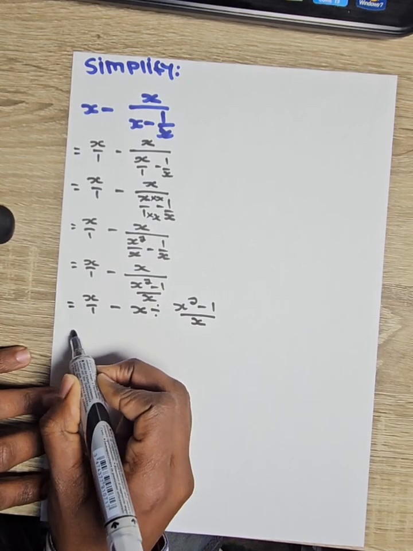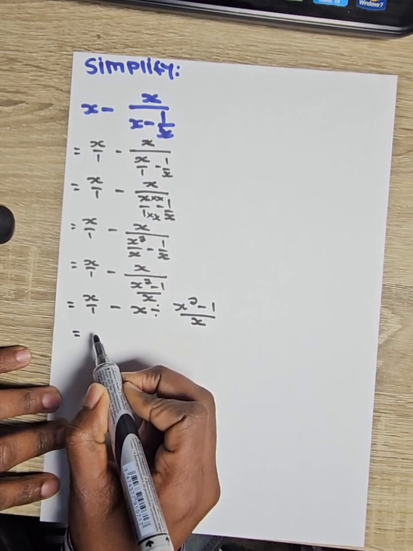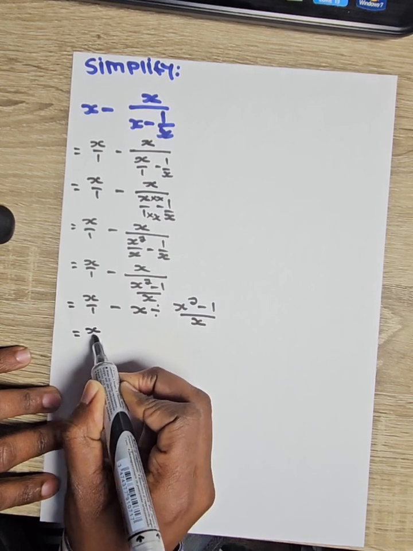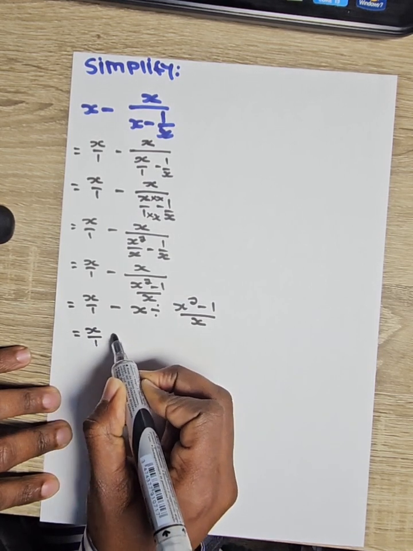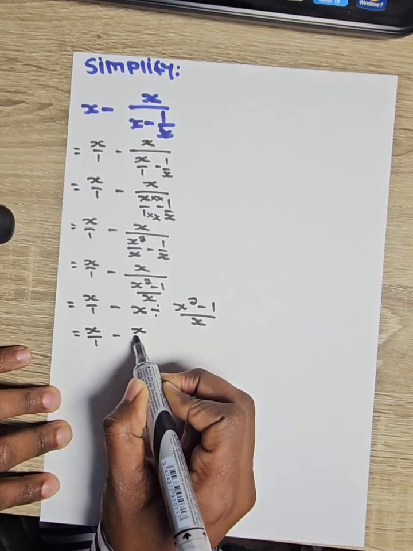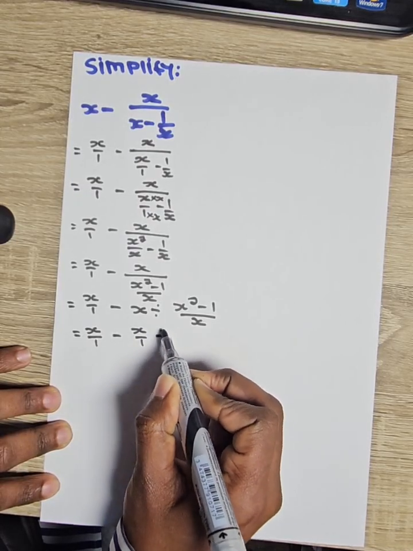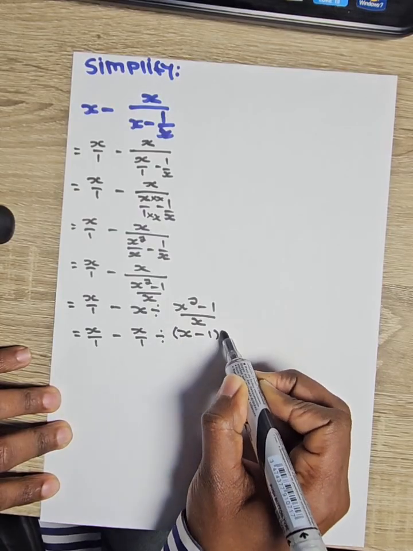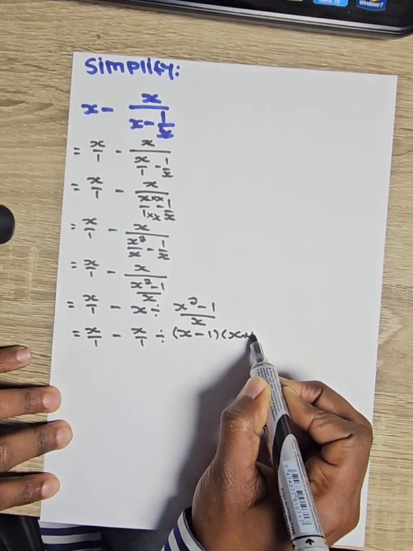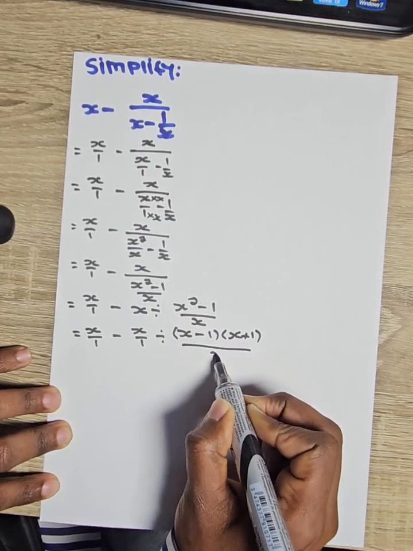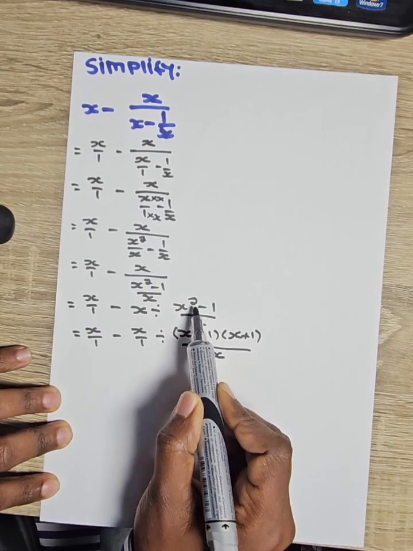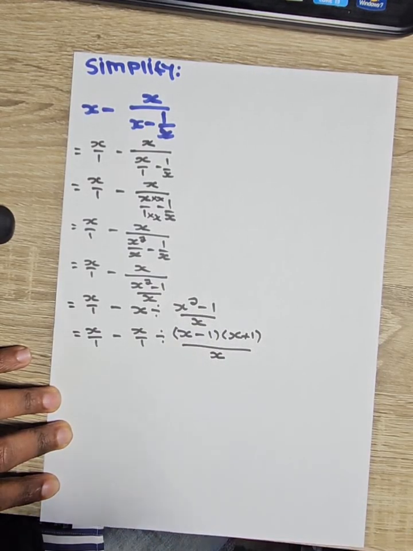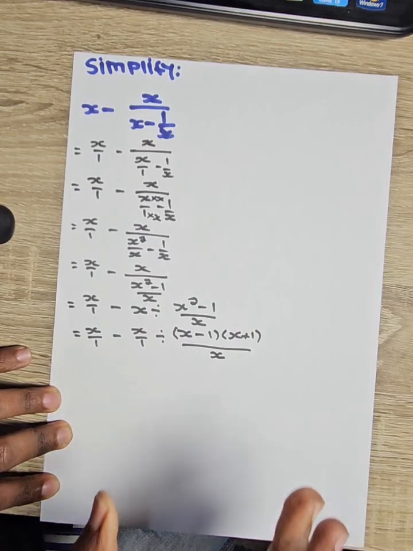Now before I do anything else, I must make sure I have one term over one term everywhere. I will therefore say x over 1 minus x over 1 divided by x minus 1 x plus 1 over x. Because this is a difference of squares, I will use the difference of squares method to factorize.